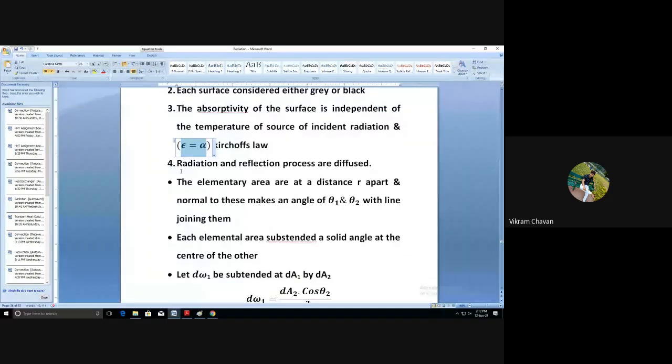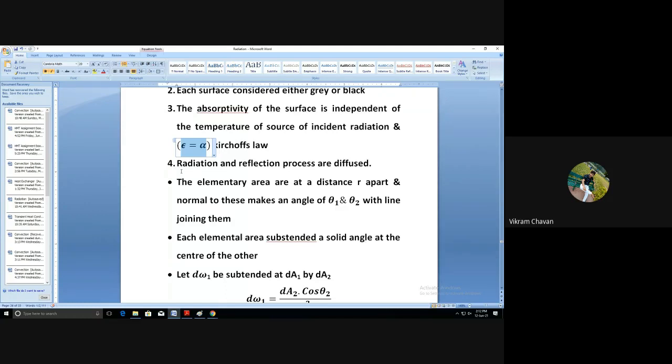Then the fourth one is that radiation and reflection processes are diffused. So we have to consider diffused reflection and diffused radiation. This radiation is not regular radiation. Regular radiation means the reflected ray makes the same angle with the normal as the incident ray makes with that normal.